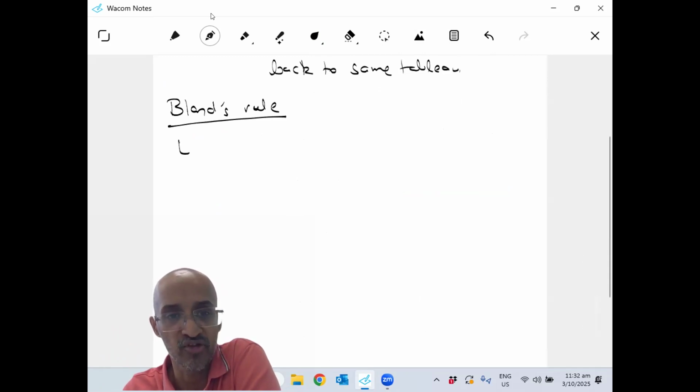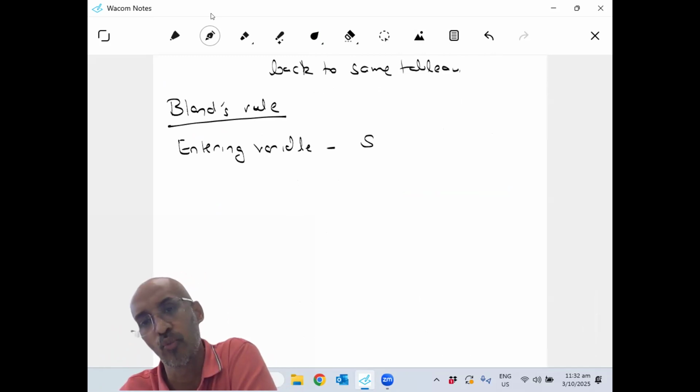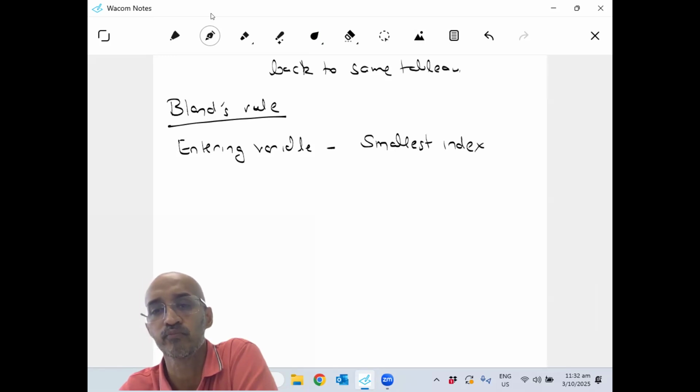So what is Bland's rule? It says the entering variable is the smallest index variable for which c_j bar is negative.